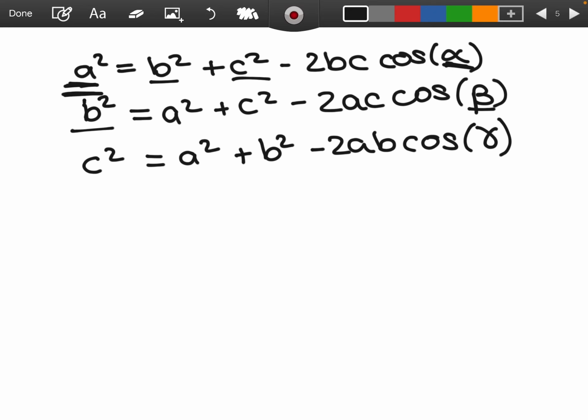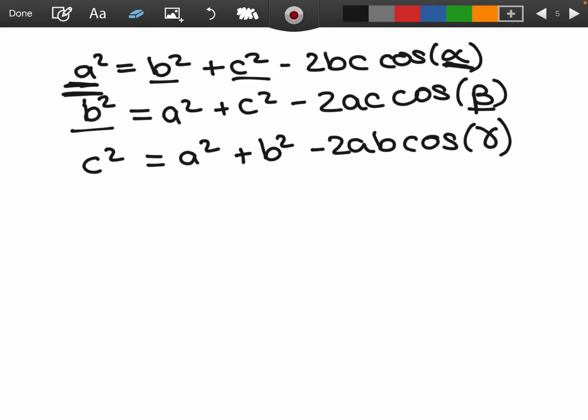If you had a triangle with a 90-degree angle in it, what does this do to this formula? Let's say that you labeled your 90-degree angle as alpha. Cosine of 90 degrees is just going to be 0. Think about it on the unit circle: it's the x-coordinate of the point on the terminal side of 90 degrees.